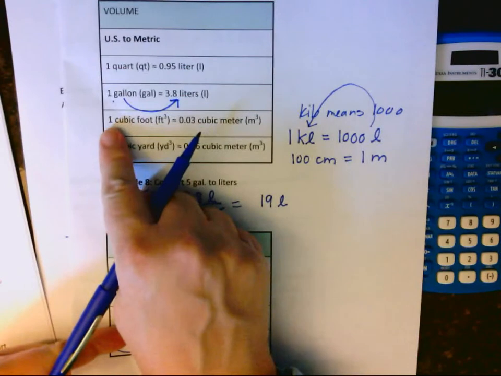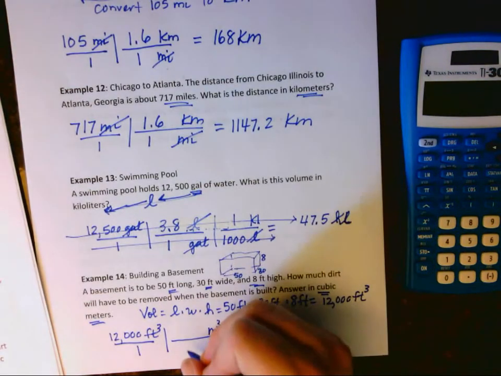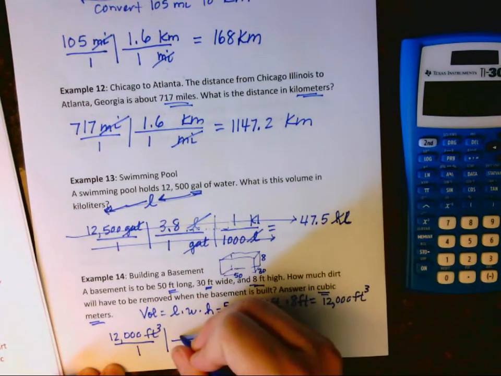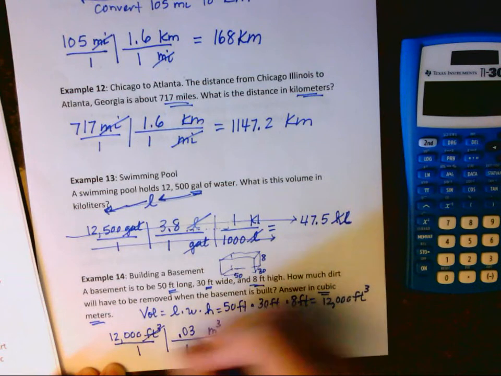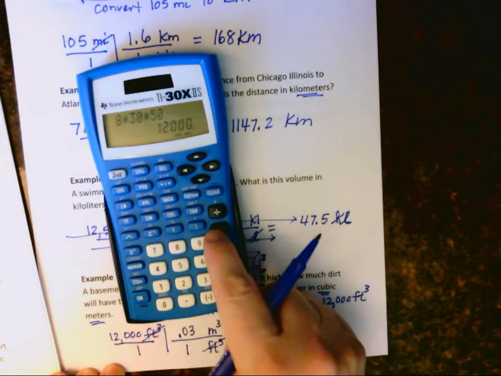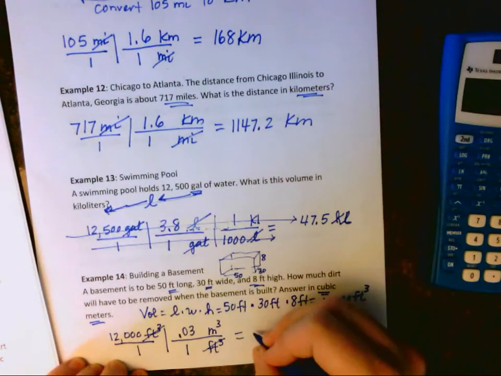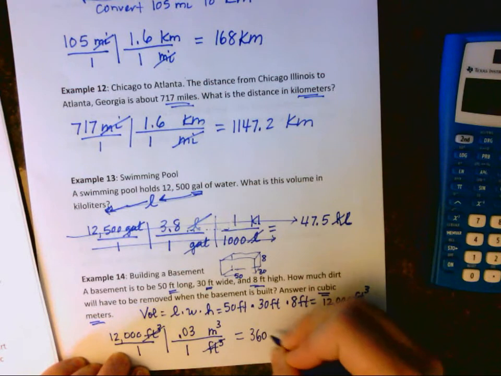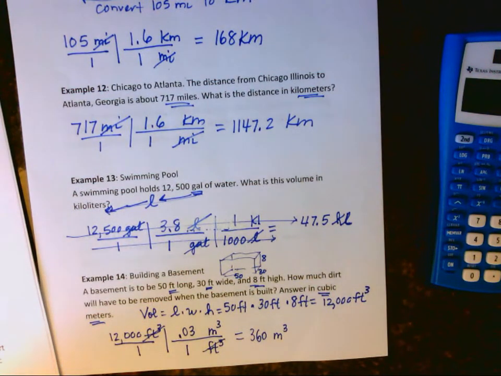Yes, 1 cubic foot is 0.03 cubic meters. Those cancel, and I multiply across. So I'm going to take this 12,000 that's still on my calculator and multiply by 0.03. And that gives me 360 meter cubed. Cubic meters, meter cubed. Very well.